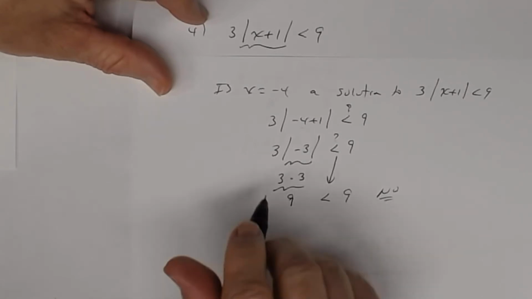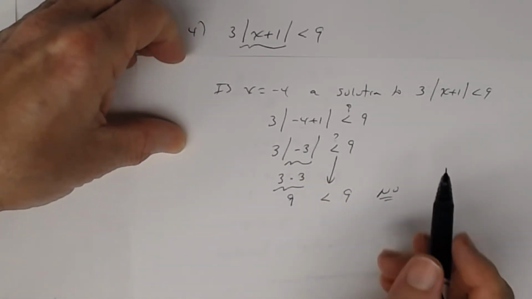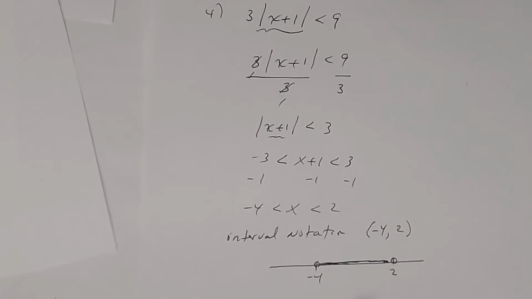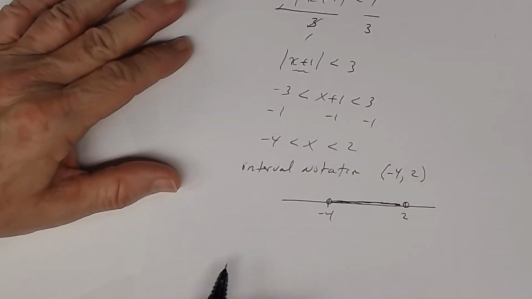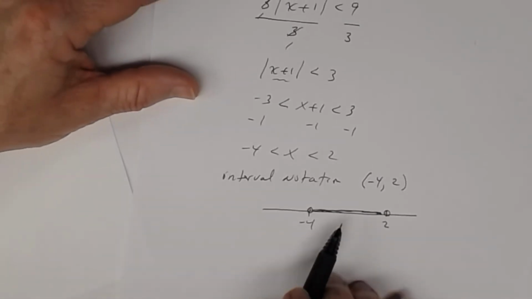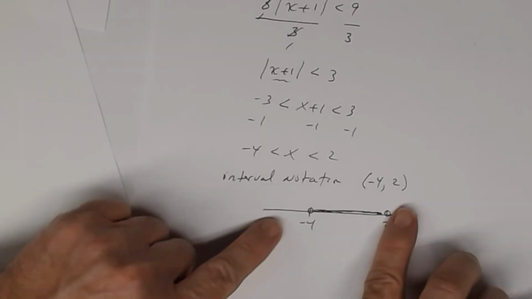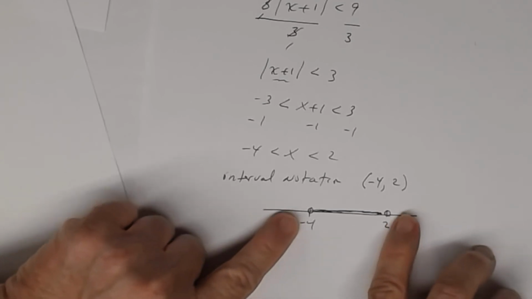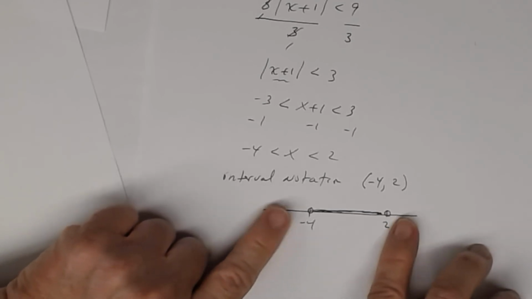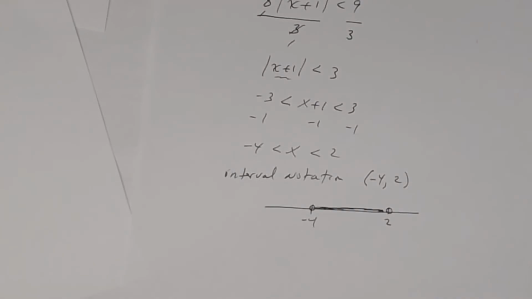So that's why you see at negative 4 an open circle, because it's not a solution. But any number between negative 4 and 2 is, and any number outside of negative 4 and 2 is not a solution.